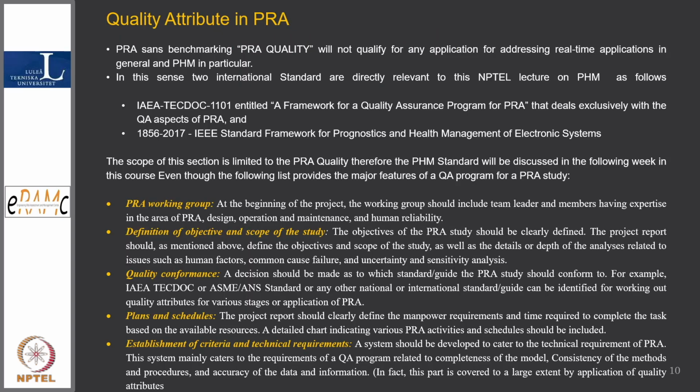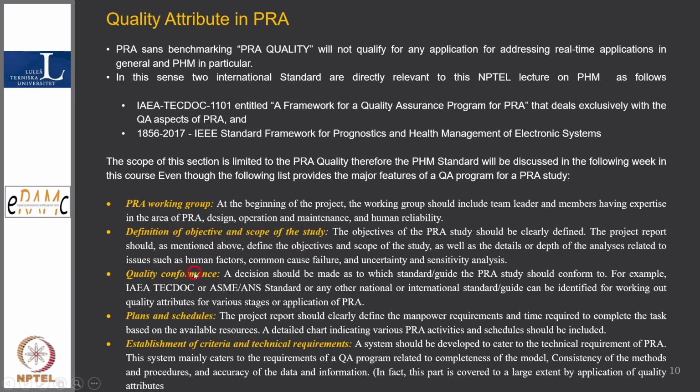And then the quality attributes. Quality attributes are very important because they determine the standard, and some standards are built on quality only. Their matrix is given: the working group should have all sorts of expertise to build the model. Then defining objective and scope, it should be very crisp and very clear about the system.